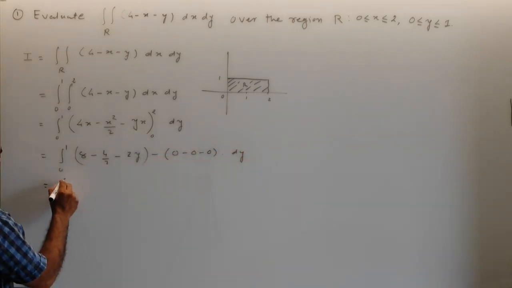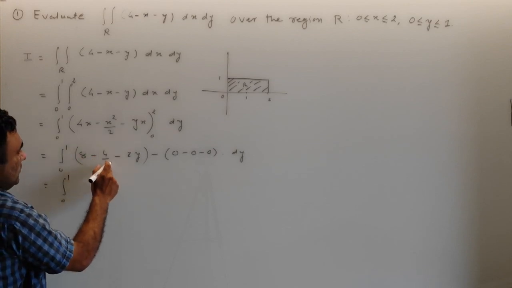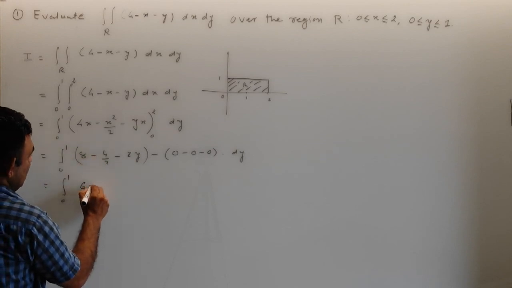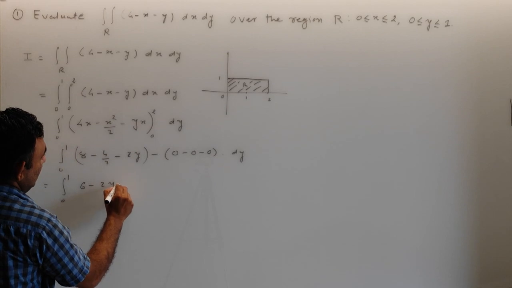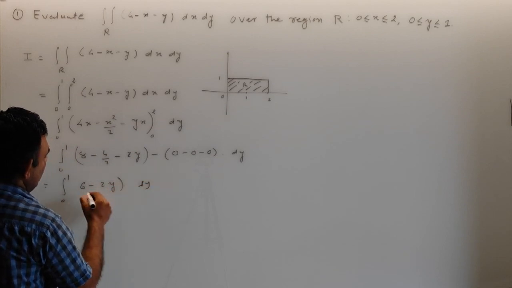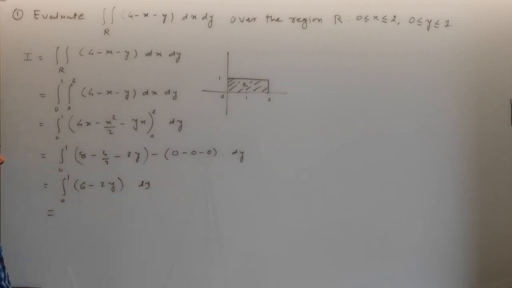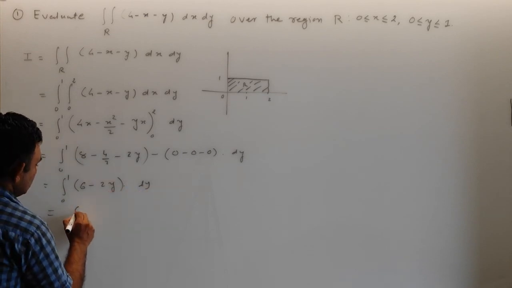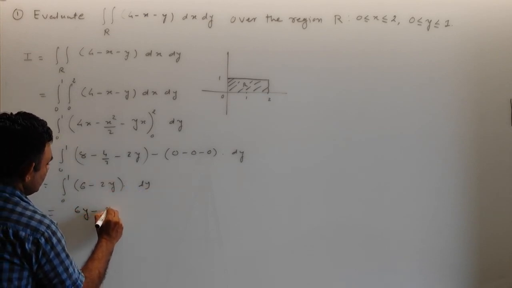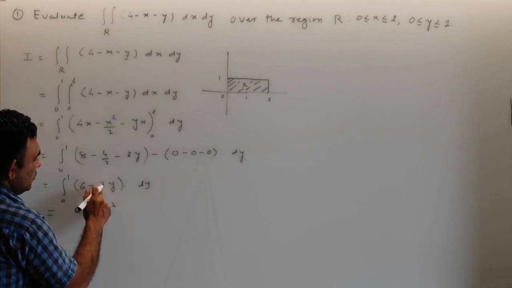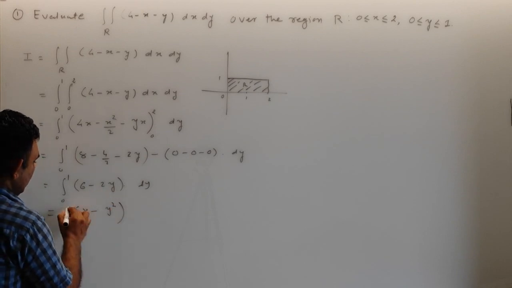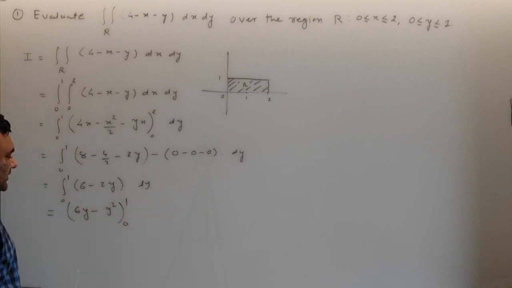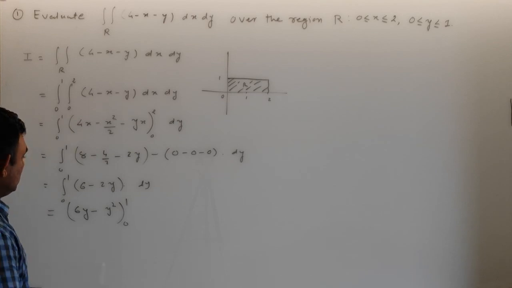So finally what we get is integration 0 to 1 of 8 minus 4 by 2, which is 2, so 6 minus 2y, dy. Now it is simple integration. Integrating with respect to y, it is 6y minus y square by 2, but the 2 and 2 get cancelled, so we are left with 6y minus y square, from 0 to 1.